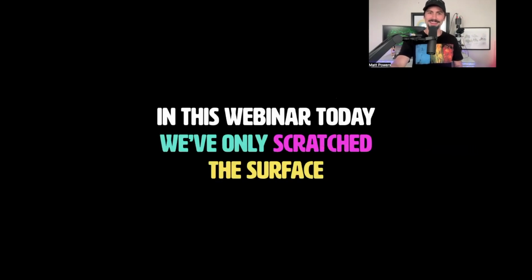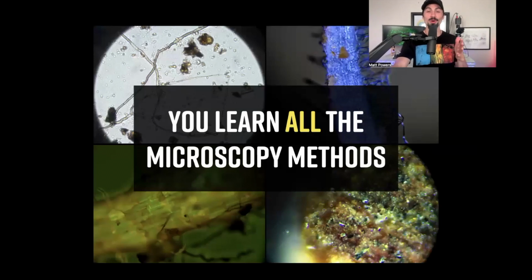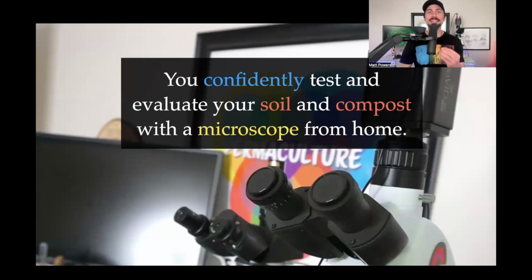All right. In this webinar today, we've only scratched the surface. So what if you learned all the microscopy methods: bright field, dark field, manual lighting, and epifluorescence? You confidently test and evaluate your soil and compost with a microscope from home now.